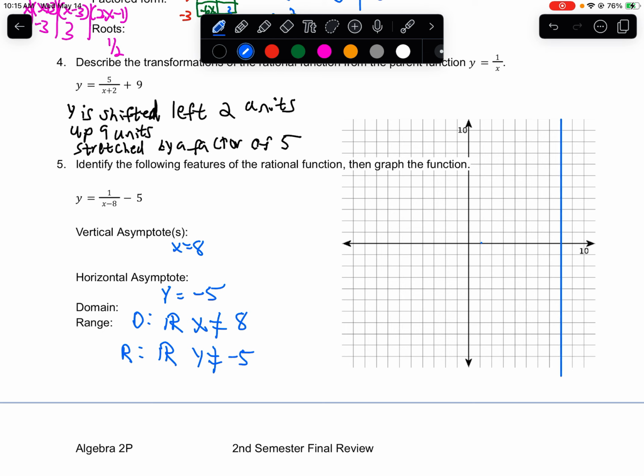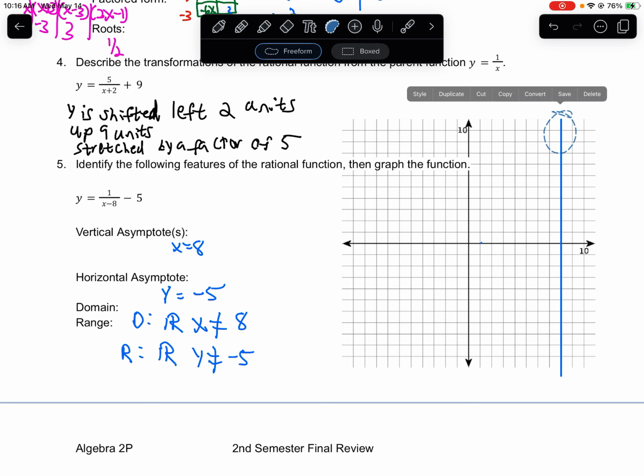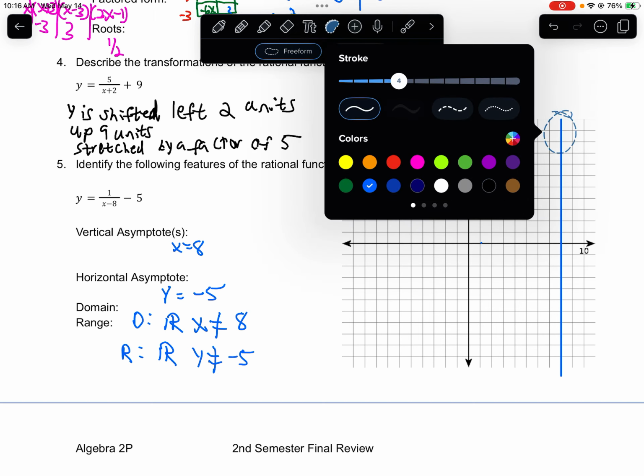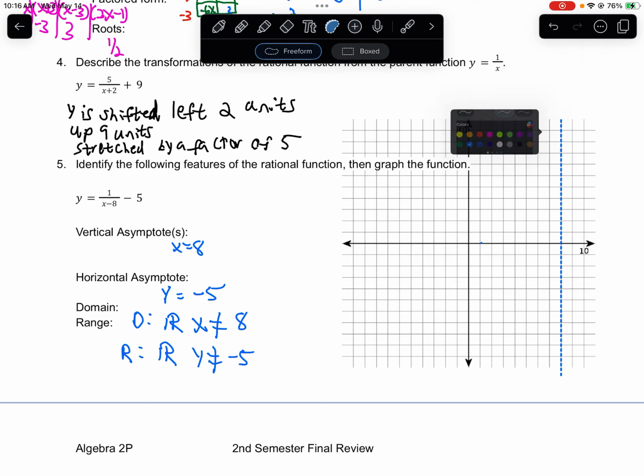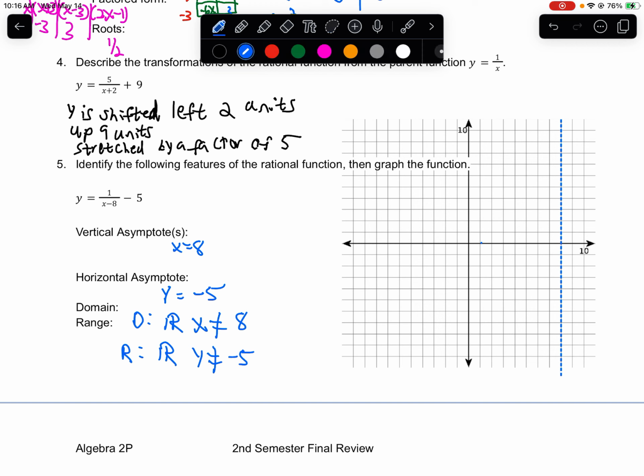Okay, and I'm going to change that to be dashed. Also the horizontal asymptote is at -5, 1, 2, 3, 4, 5.